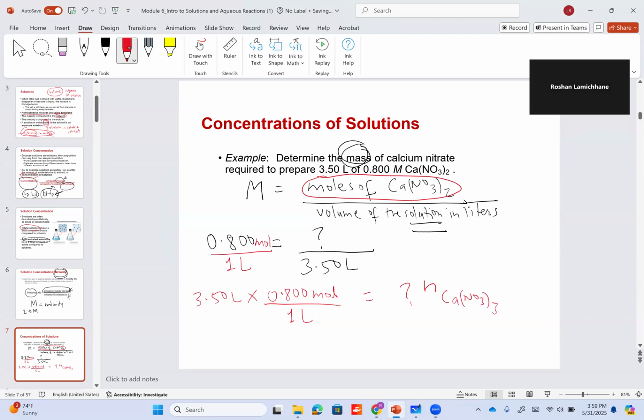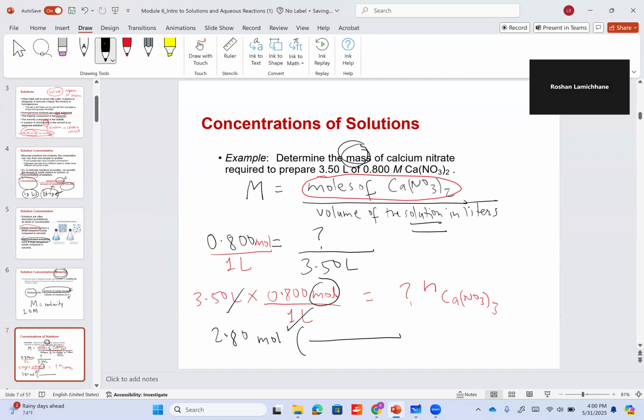Now again, if you think about unit analysis, why does this work? The liter and liter cancel out, and you are left with the number of moles of calcium nitrate. I do the math and end up with 2.80 moles of calcium nitrate. The last thing is to go from moles to mass.